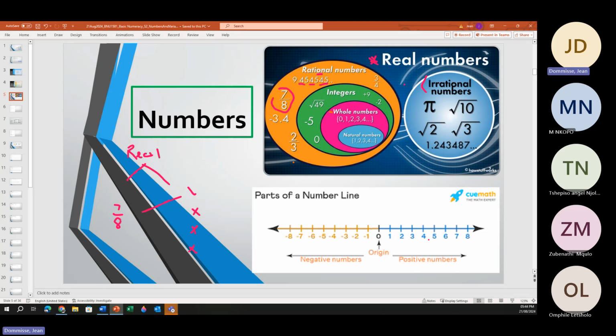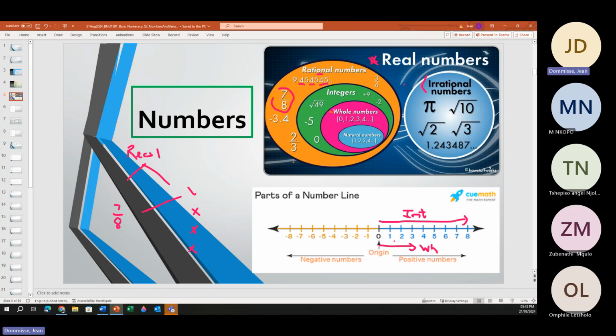The reason I wanted to include the number line is just so that you can see that if you look at the number line, all positive numbers, if you go from 0 and up, it is whole numbers.